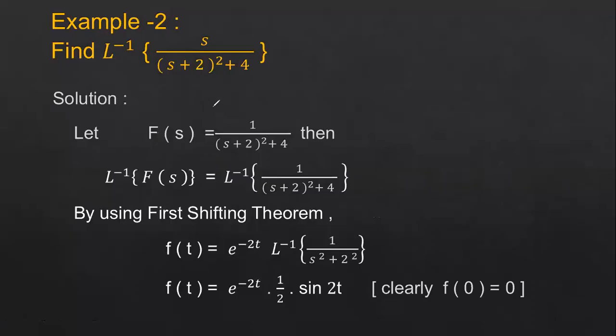So here the f of s function will be 1 by s plus 2 whole square plus 4.